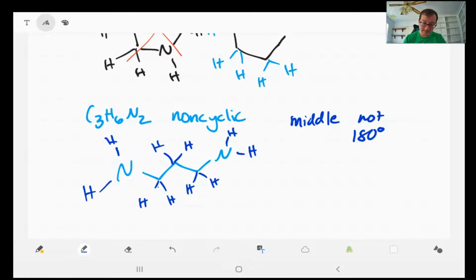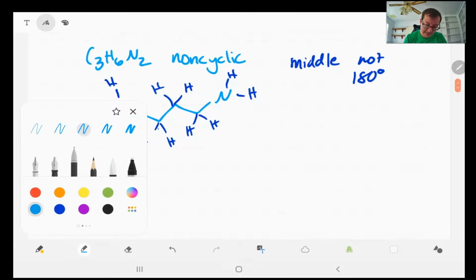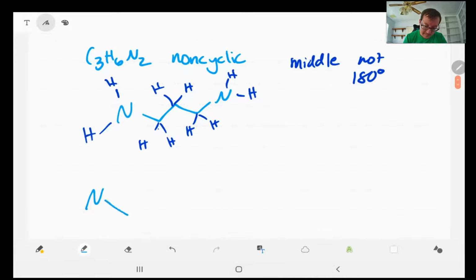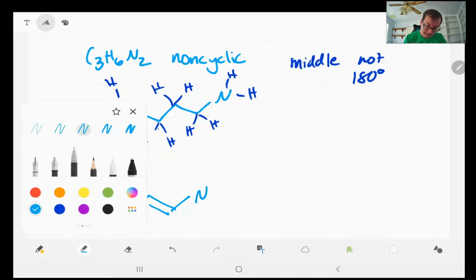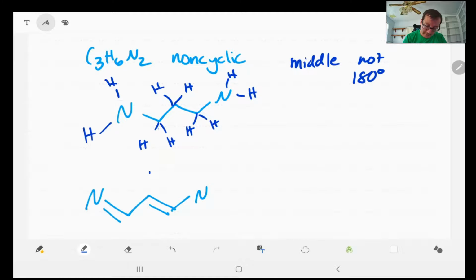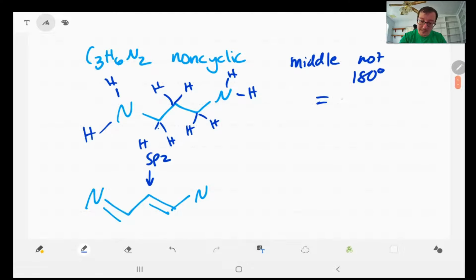We could say, okay, if I want that, I can maybe say, how about I do this one? 1, 2, 3, 4, 5. If I do that, and I draw in all my hydrogens, we see that this carbon in the middle here is sp2. Just so we are clear, that not 180 means we're looking at sp2 or sp3.